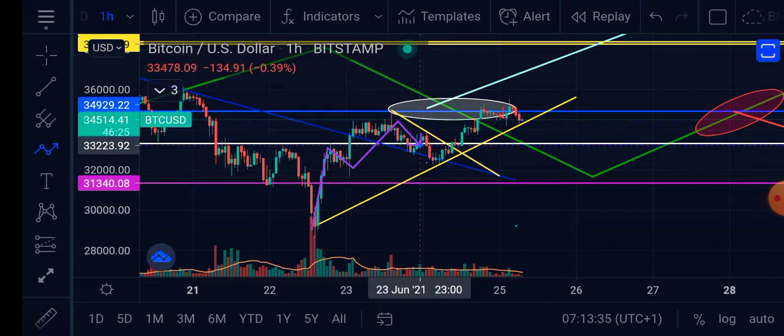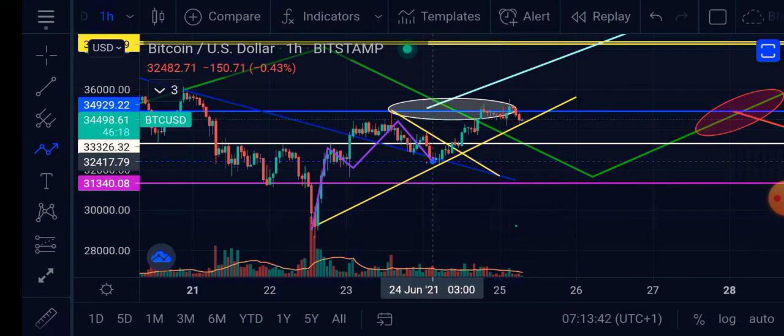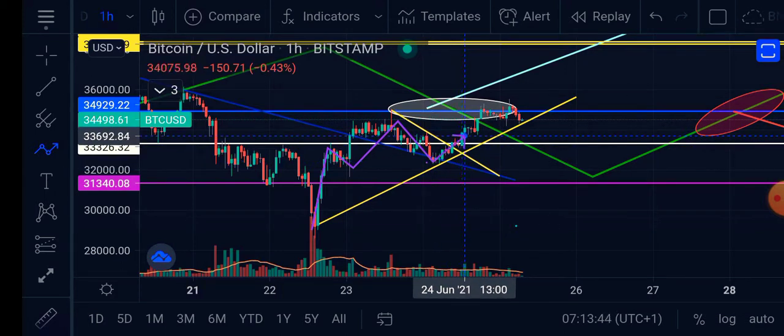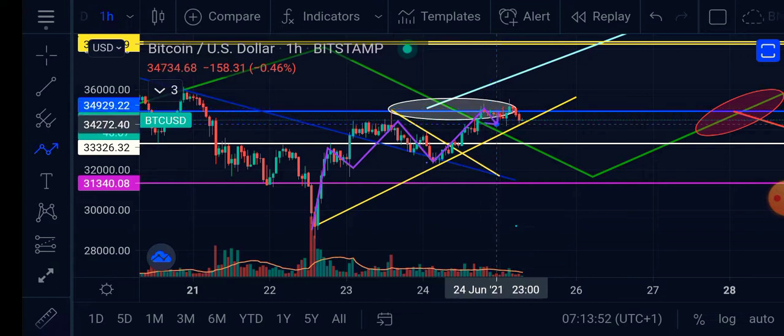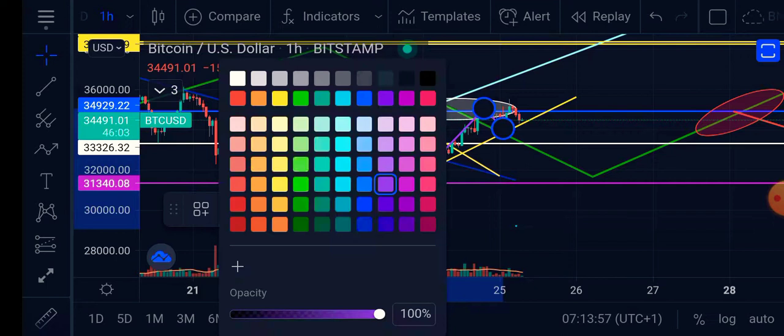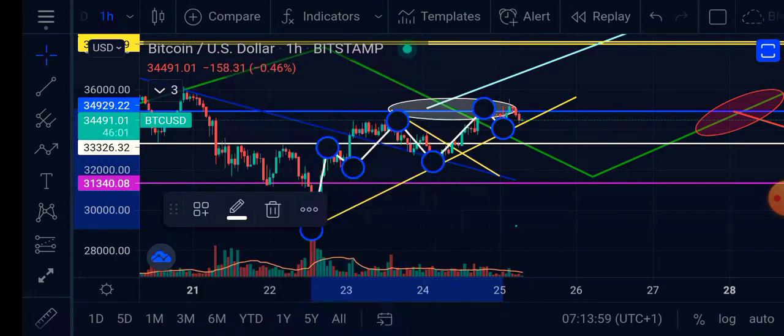Then we took this swing low, and normally the swing low is supposed to go back to the swing high of the previous swing, but it went to the swing low. Let me change the color of this arrow to white so that we can see it.